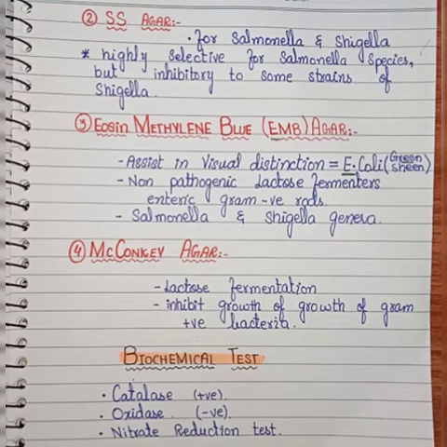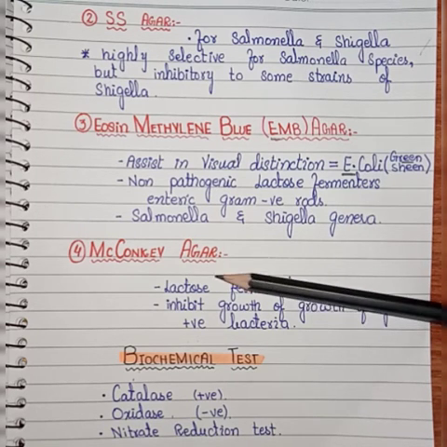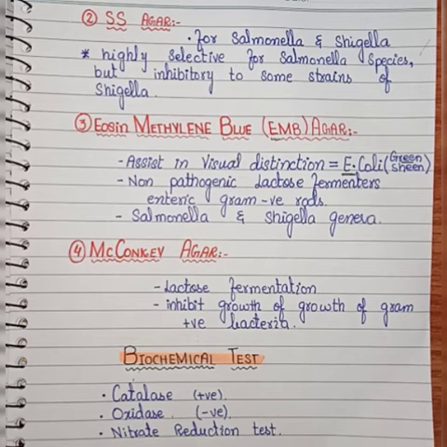And why we use the MacConkey agar? Because it contains the bile salts and the crystal violet. In the previous lecture, we have discussed all about these constituents of MacConkey agar. And what is the function of the bile salts and the crystal violet? It inhibits the growth of the gram-positive bacteria, but maximizes the growth of the gram-negative rods. So, because of this reason, we will use the MacConkey agar.